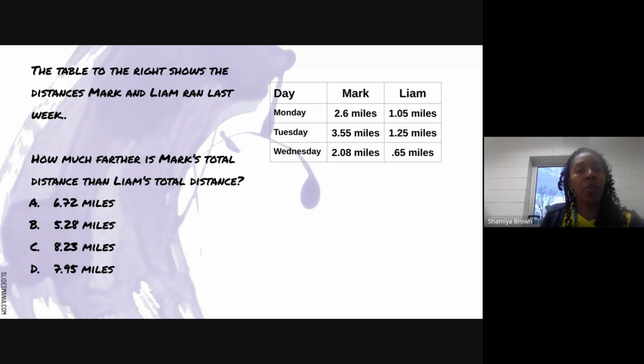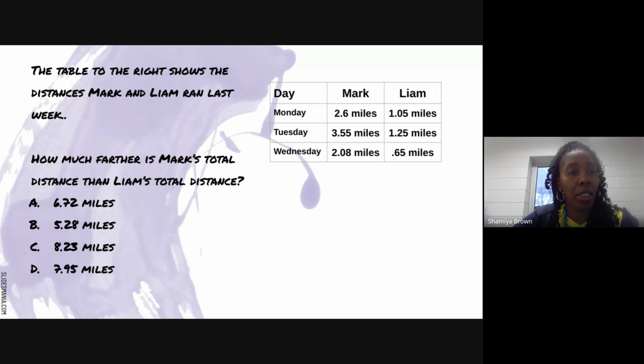The table to the right shows the distances Mark and Liam ran last week. How much further is Mark's total distance than Liam's total distance? If I look at the table, I have the day of the week in this column, and the runners and their totals in this column.